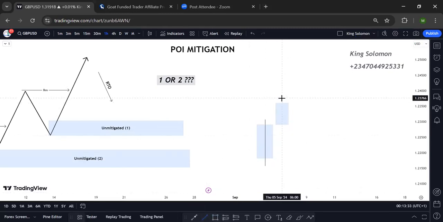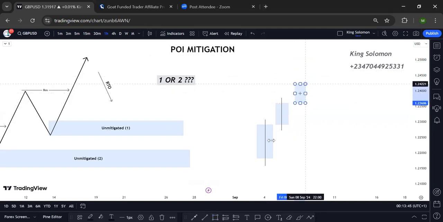The first thing you want to see on a candlestick before calling it an order block is an FVG. You want to see an FVG on a candlestick. Now I'm going to use these three candlesticks as an example.